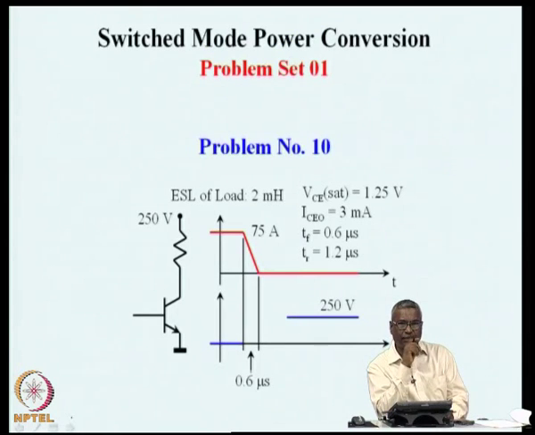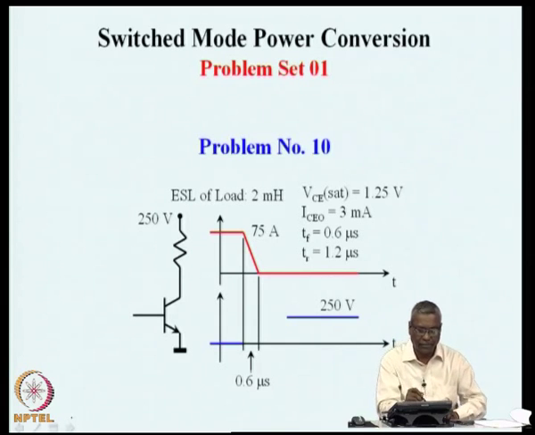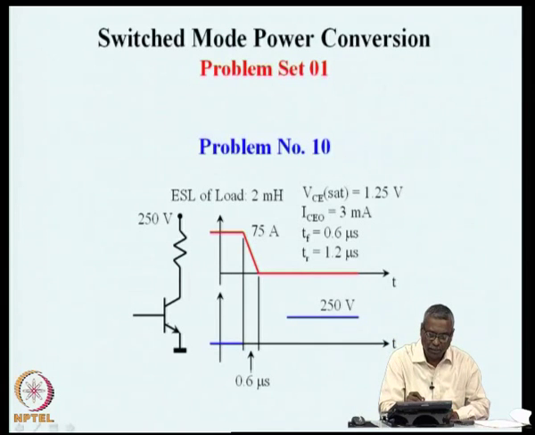This is a case where a transistor is switching on and off a resistive load. The saturation voltage when the transistor is on is 1.25 volts, and when the switch is on, the conduction current is 75 amperes. So, let us find out what is the conduction power loss.